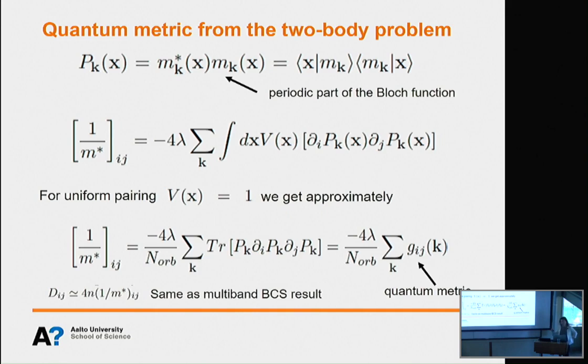And this multiband BCS theory we had in some cases mapped to exact results. So this is quite interesting. It seems that the essentials of this flat band pairing can come out from the two-body problem, which I think is quite nice in various ways.